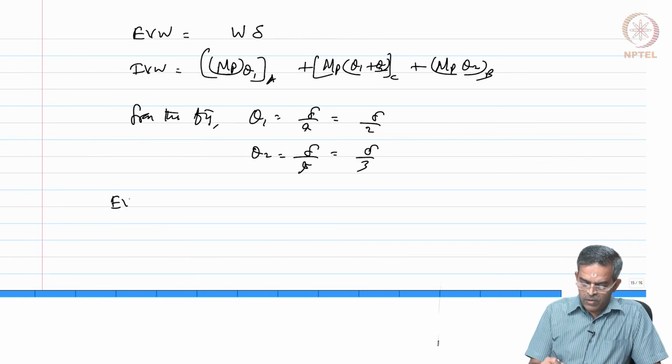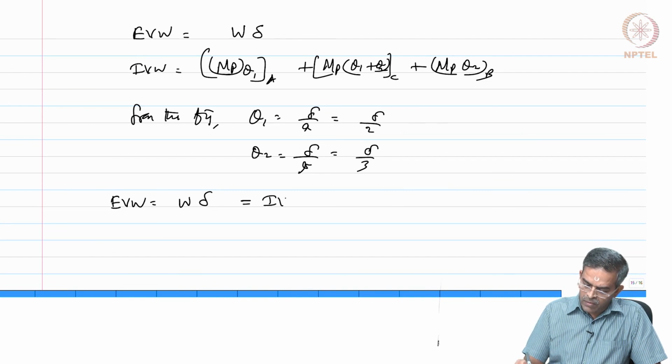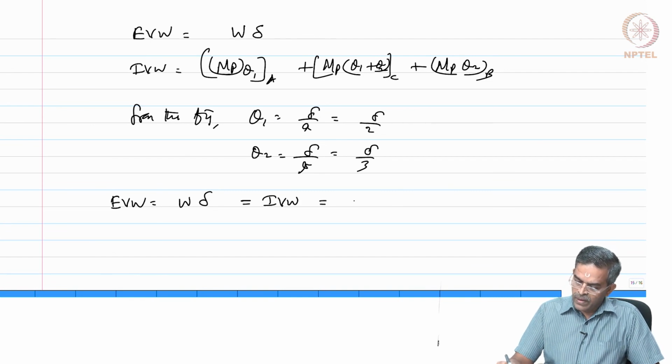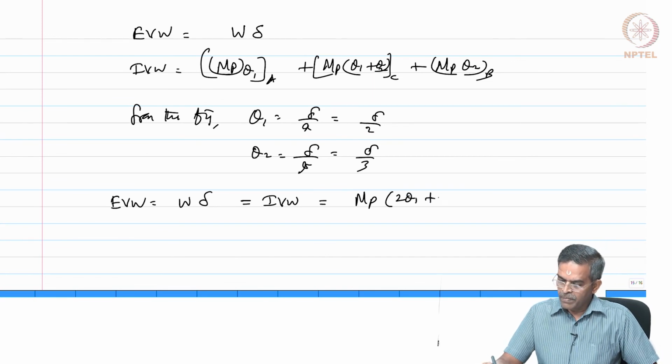So, external virtual work is W into del which is equal to internal virtual work which is MP times of 2 theta 1 plus 2 theta 2.